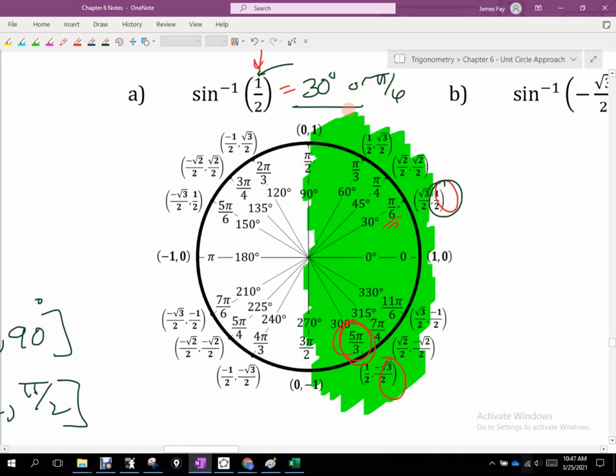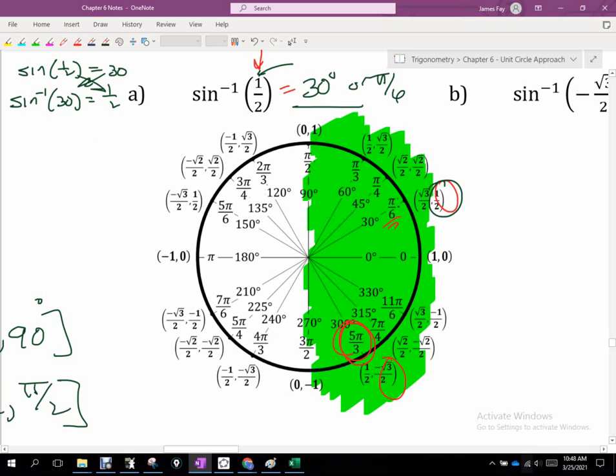Now what stinks about this, let's write sine of 30 equals 1/2. So then the sine inverse of 1/2 should give me back 30. Because the 30 is between -90 and +90, these things are going to switch spots, right? But look at my unit circle.